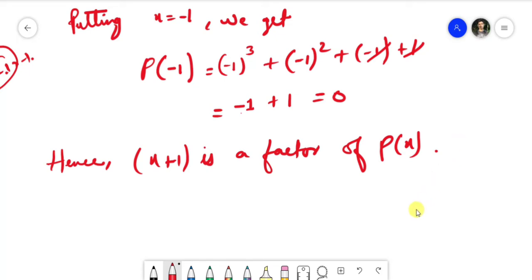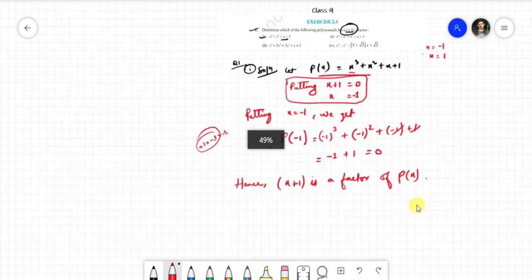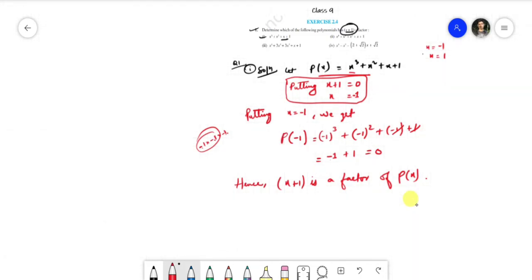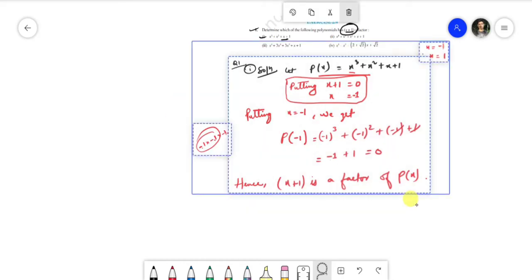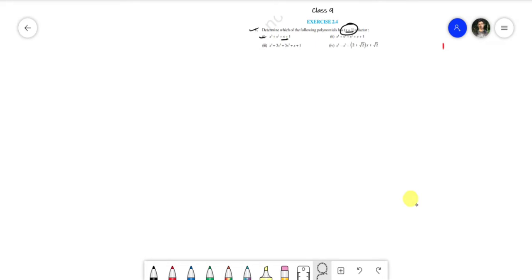So let's see the number 2. Before that we'll remove this one.